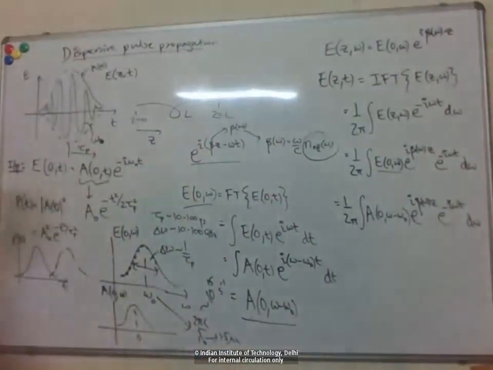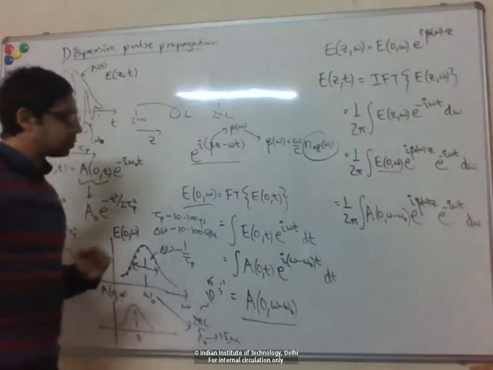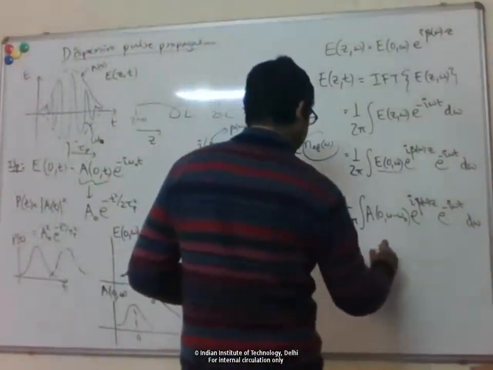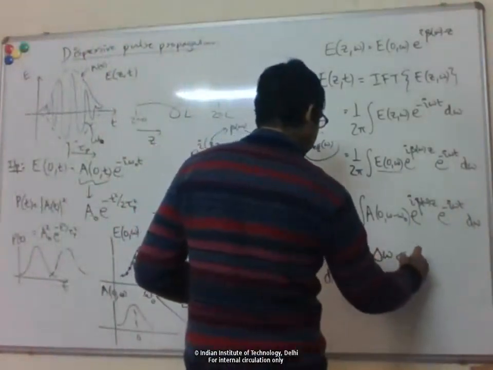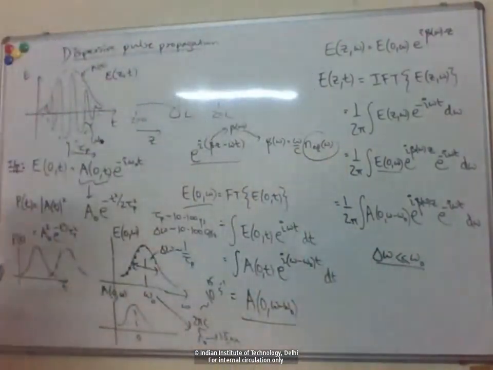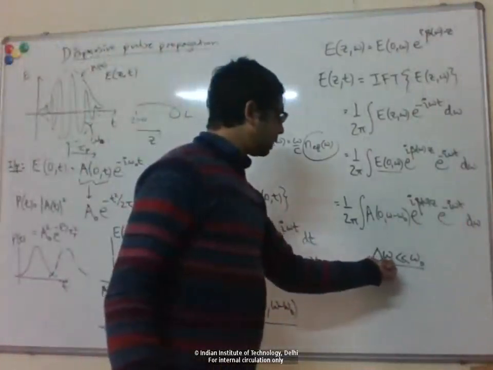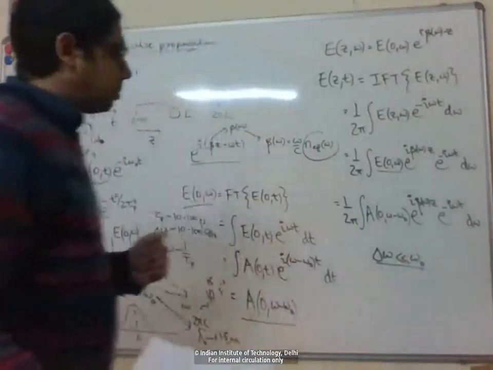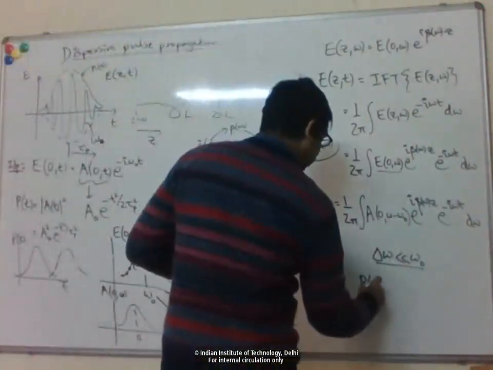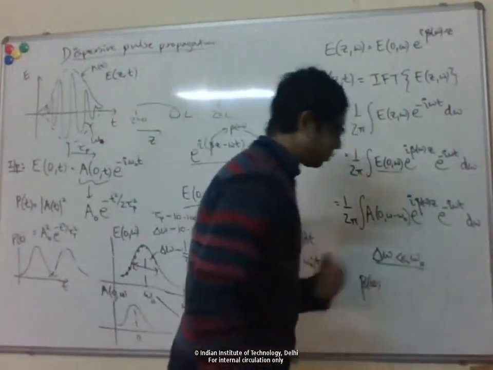So the point is this delta omega is much smaller than omega naught. Okay. So typically we are operating in the regime where this delta omega, which is the inverse of the pulse duration, or basically something related to the bit rate, is much smaller than the carrier frequency. So for that, we can expand this function beta of omega around omega naught, right?